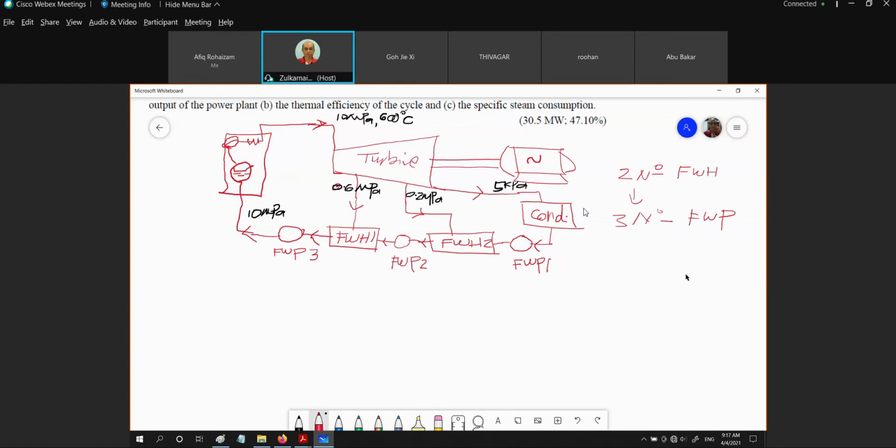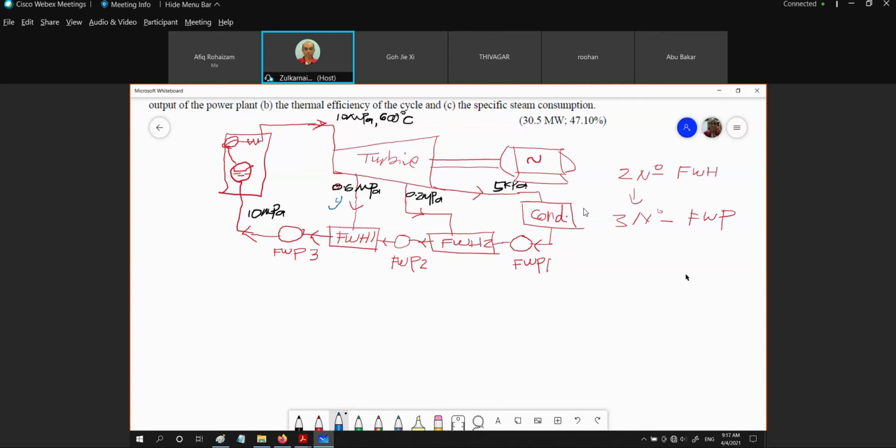Okay. So for the first extraction, let us give it the name Y. This is how much bleed steam is going to feed water heater number 1. How about this one?